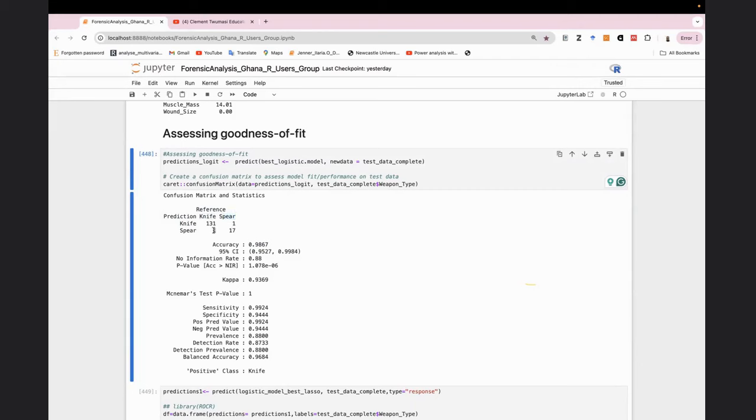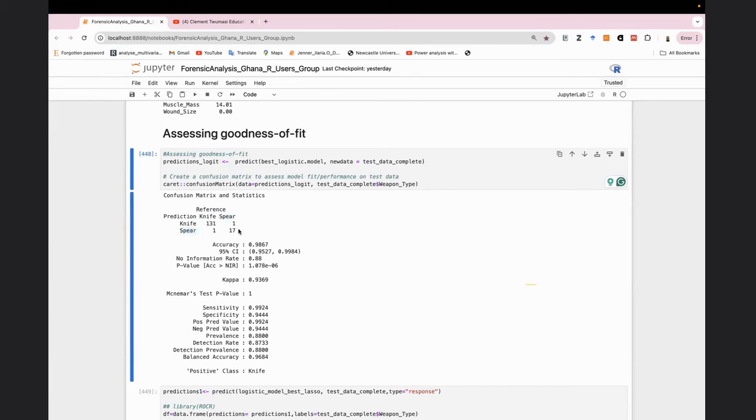In only one instance, the weapon was a 9, but the model said it was a spear after prediction. And in about 17 instances, the weapon was a spear, and the model predicted it to be a spear.